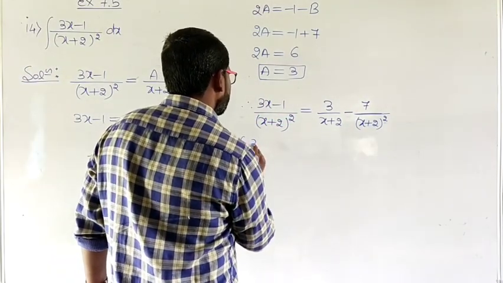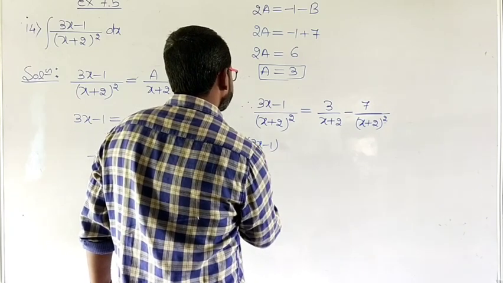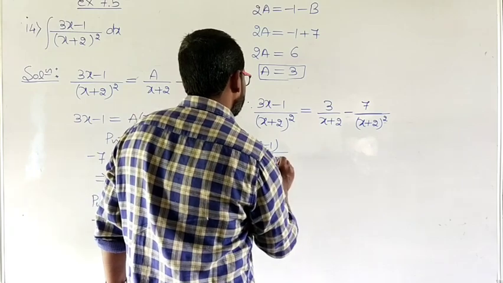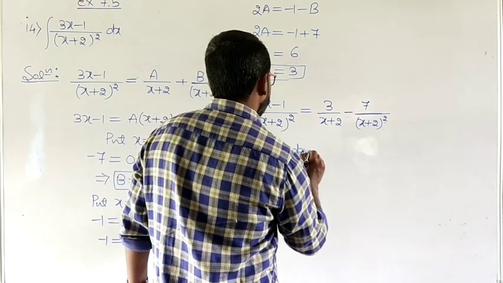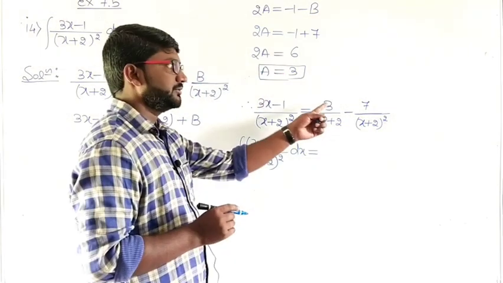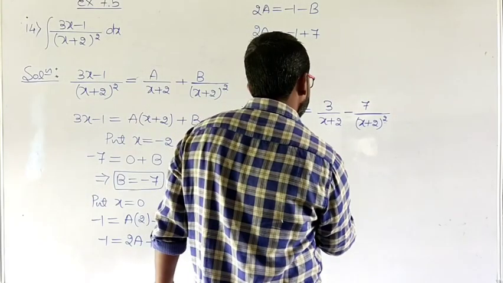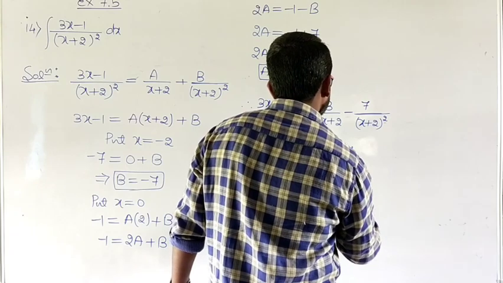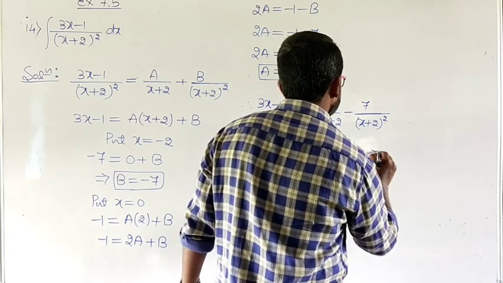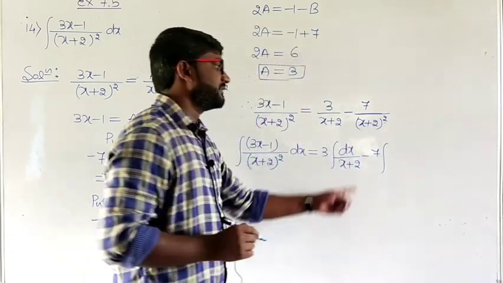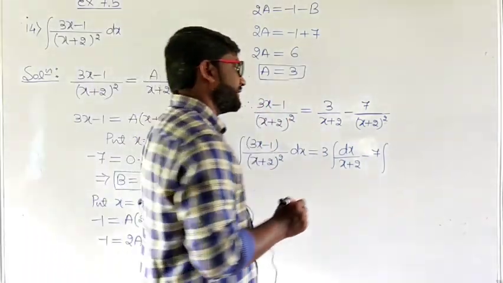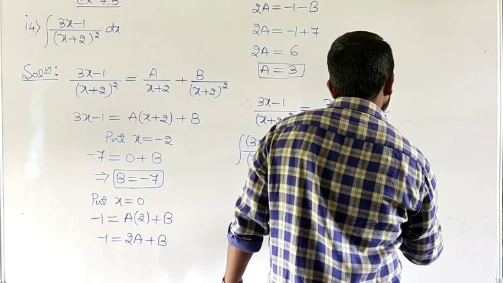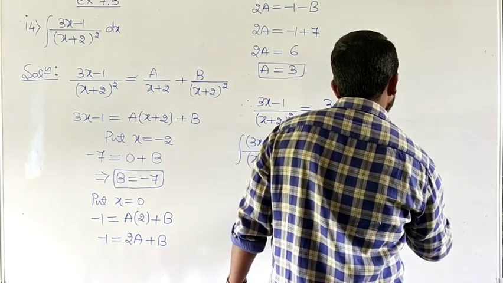So the integral of (3x minus 1) divided by (x plus 2) the whole square dx is equal to, 3 is a constant, write it outside, then integral dx upon (x plus 2), then minus 7 is a constant, write it outside, then dx upon (x plus 2) the whole square.